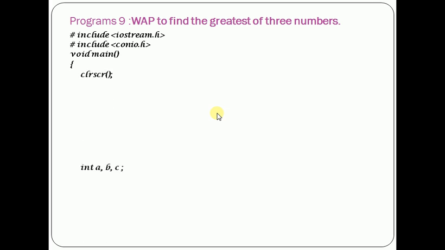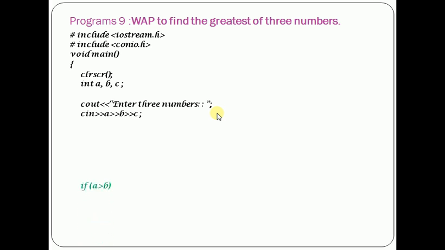Now let's start the programming in the main function. Then I have cleared the screen. Here I need three variables A, B and C, so I declared those variables. Then I asked to enter three numbers, that are entered into A, B and C. Now we want to calculate the greatest of three numbers.